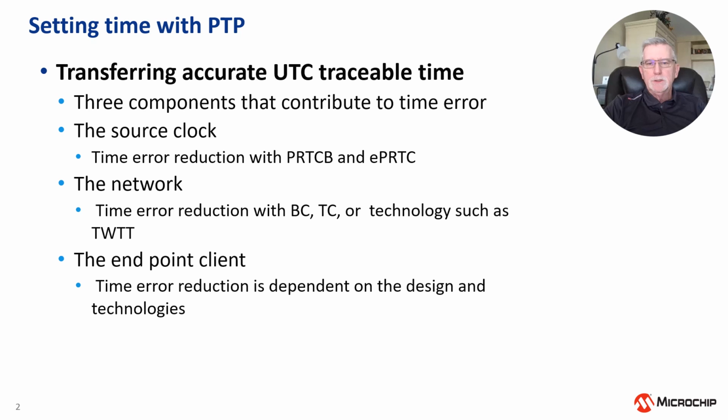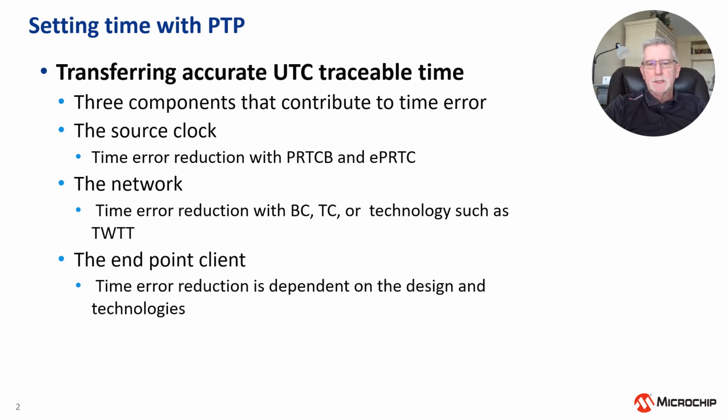There's also an ITU standard called an enhanced primary reference time clock that uses both timing receivers and cesium atomic clock technologies to produce high accuracy, and when tracking GPS or GNSS, we can track within 30 nanoseconds to UTC.